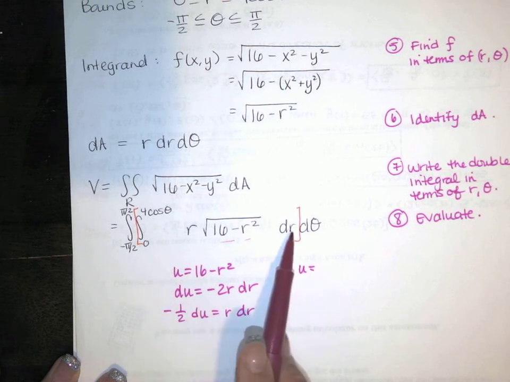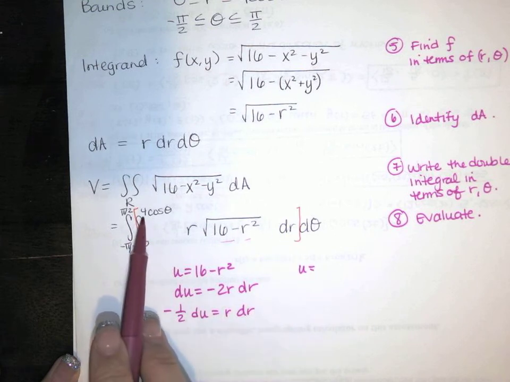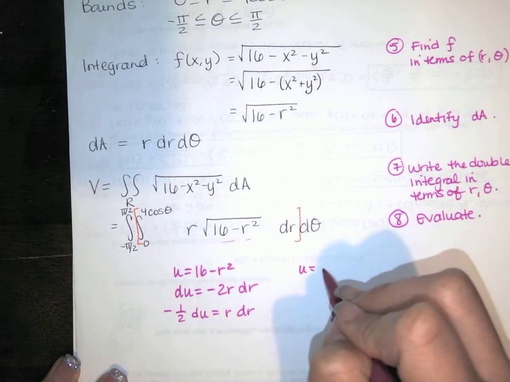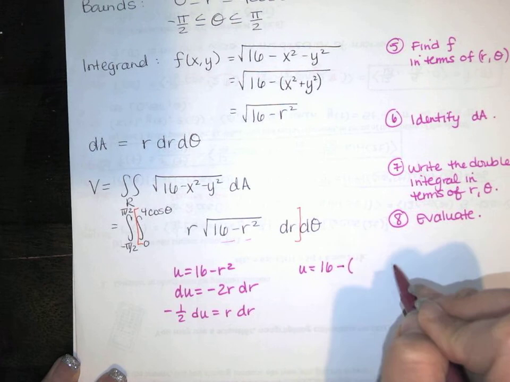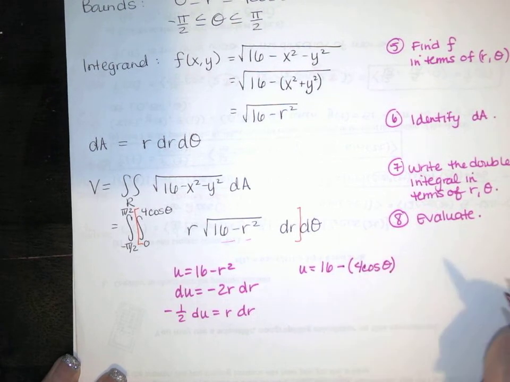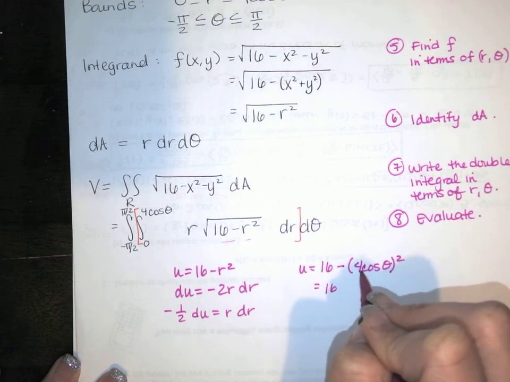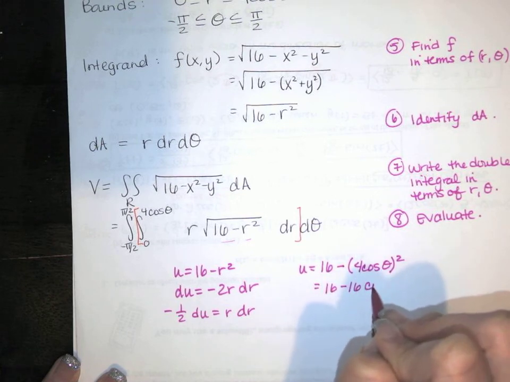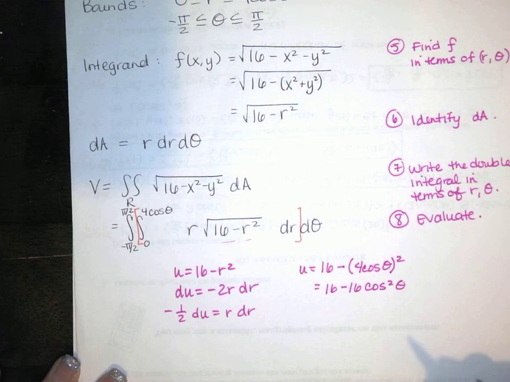When r is 4 cosine of theta, U is 16 minus 4 cosine of theta squared. So square the 4, square the cosine. We get that.